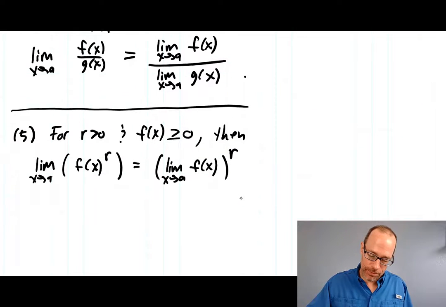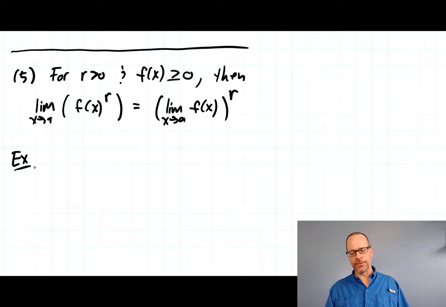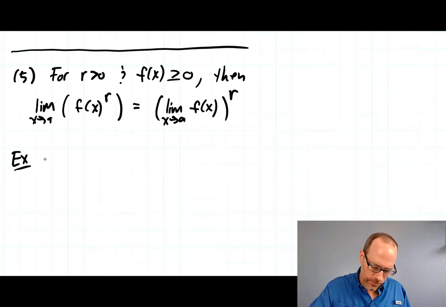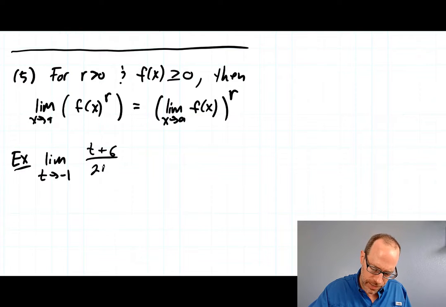All right, let's do a couple examples here. These really make taking many types of limits easy, because again, you just do it piece by piece. So here we go. The limit as t goes to minus 1 of t plus 6 all over 2t to the 4th power.